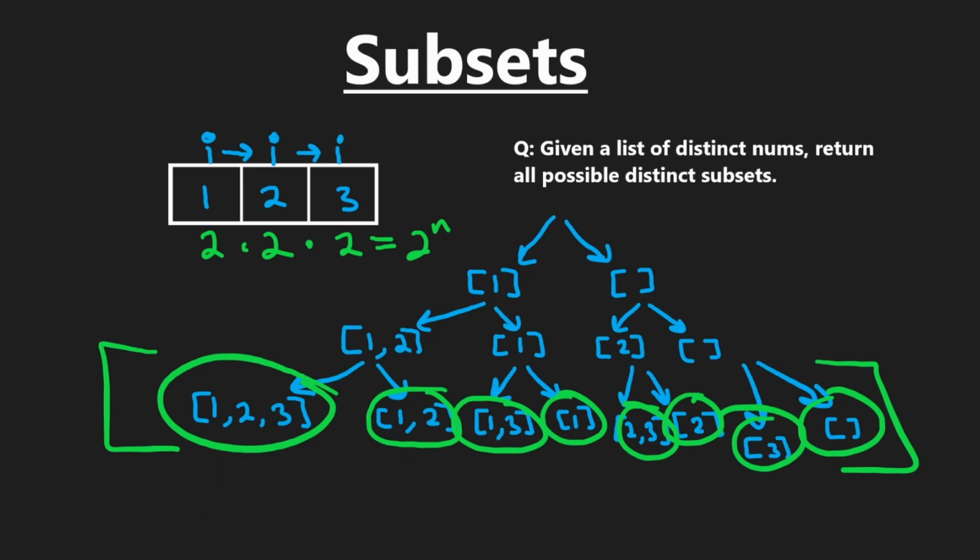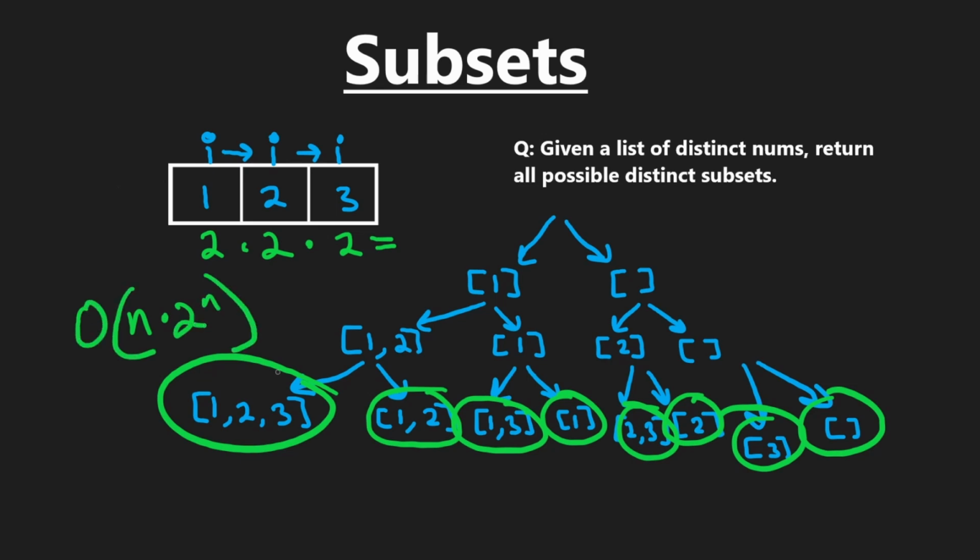So each of them are going to have to be built separately. So let's say this one is of course size n. Most of them are going to be smaller than size n, but we're going to approximate that each of them is of size n. That's like the worst case here. So if there's this many of these arrays and each one is of size n, then the overall time complexity is going to be n times 2 to the power of n. That's going to be the big O time complexity.